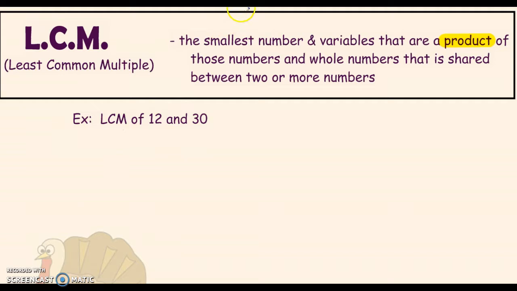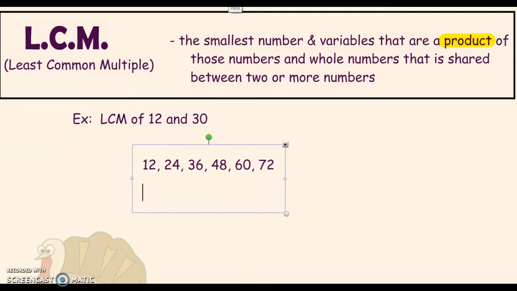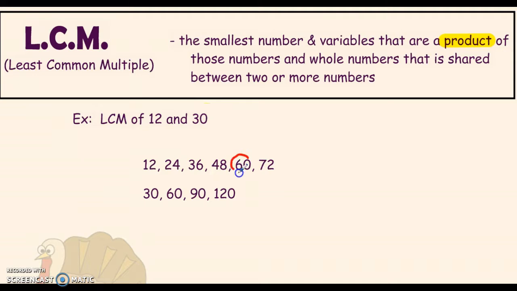So if we had multiples of 12, we were looking at 12, 24, 36, 48, 60, 72. And then if we're looking at the multiples of 30, so 30, 60, 90, 180, we're looking for what they have in common. So the smallest number that appears in both lists. So that LCM of 12 and 30 is 60.